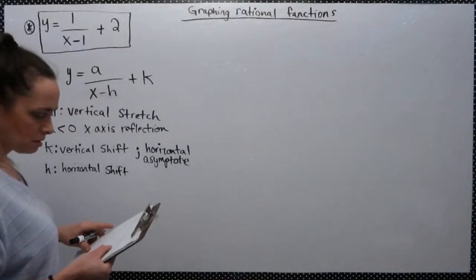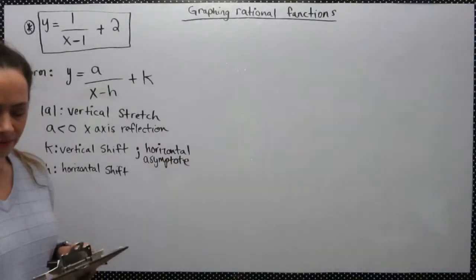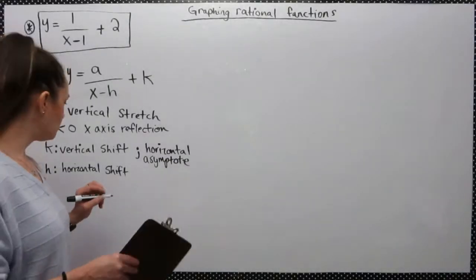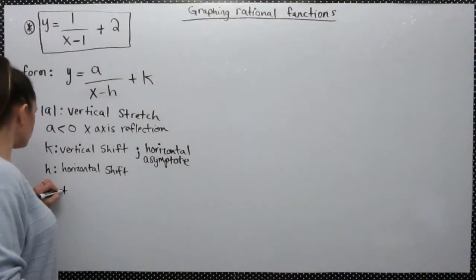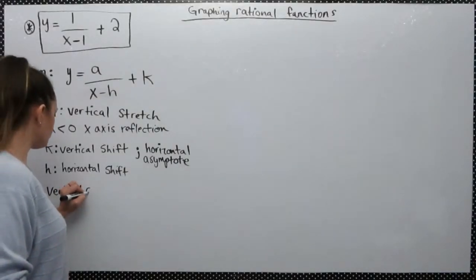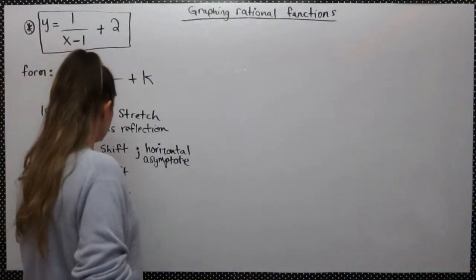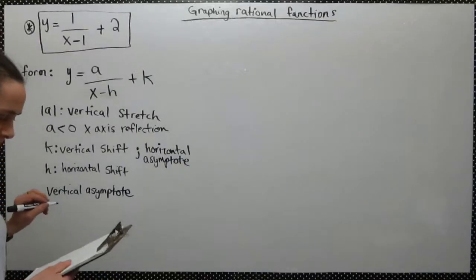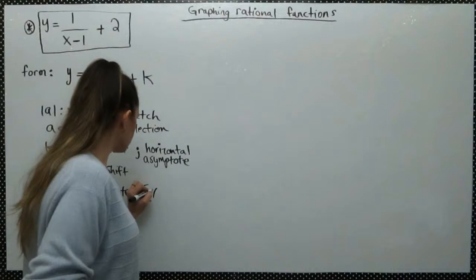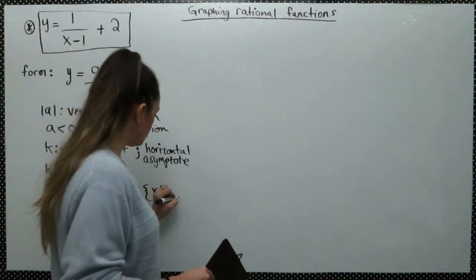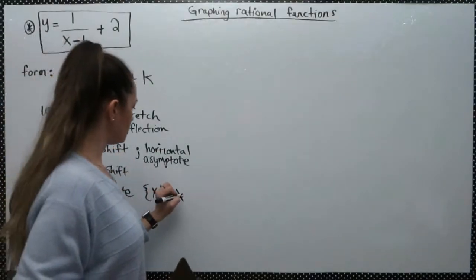And then it talks about the range and the domain. You have a vertical asymptote. So your vertical asymptote is x such that x cannot equal h.